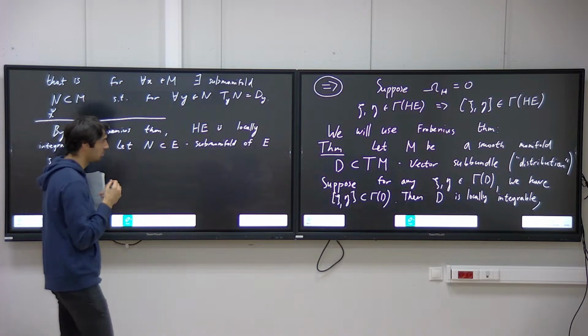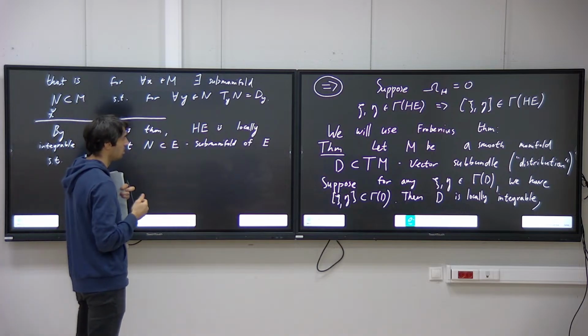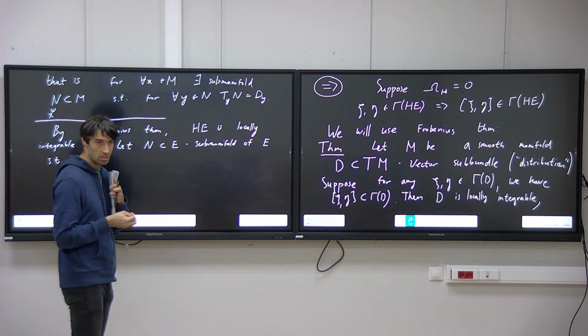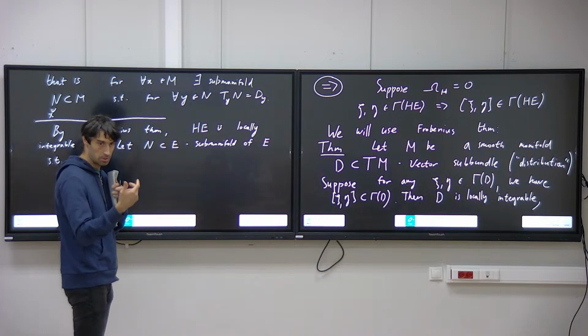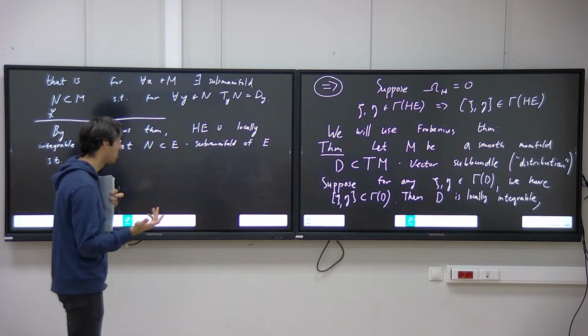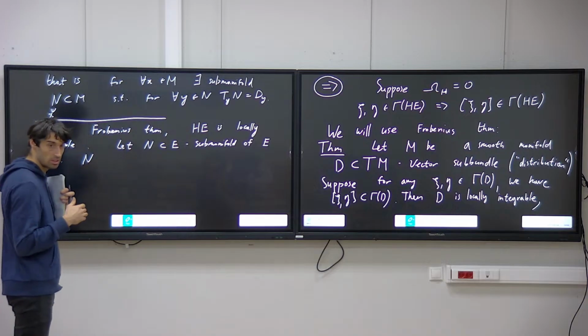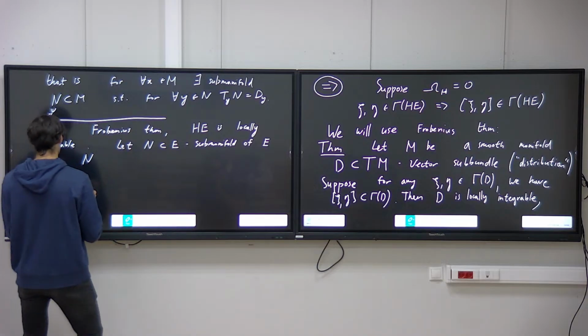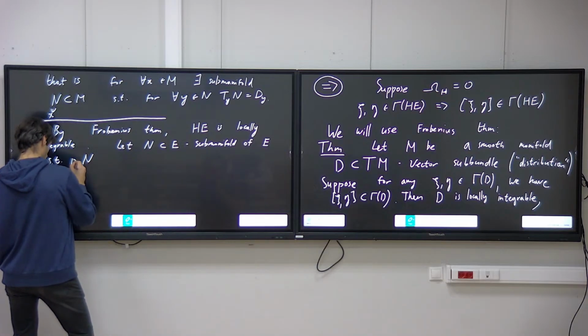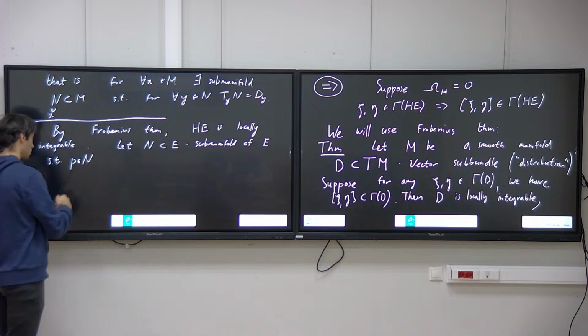So we're proving this theorem. We say that omega h is 0, right? Then for any x, P, there exists S, and so on. So x and P are fixed, right? I want this point P that I fixed to be inside N.